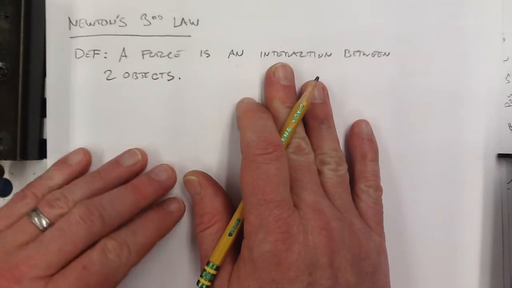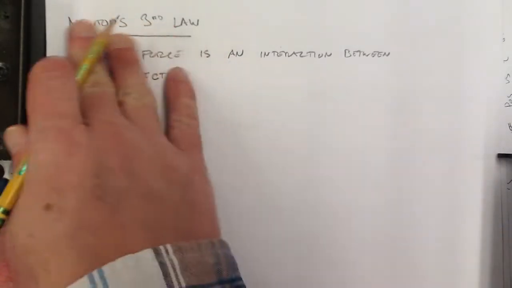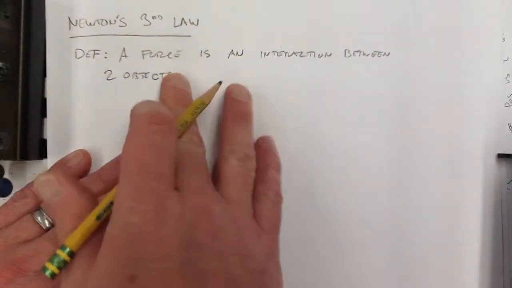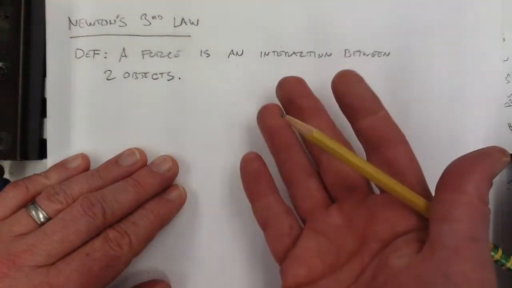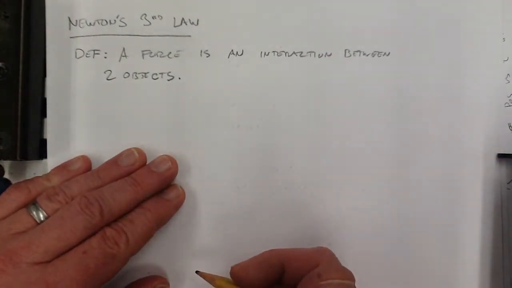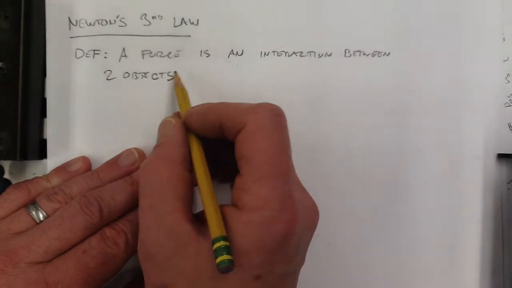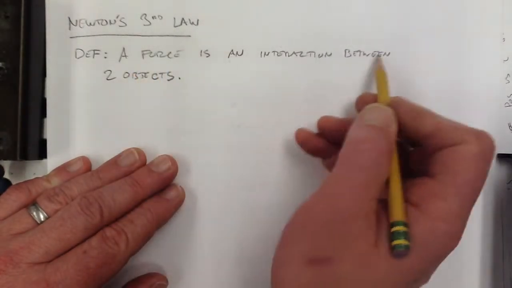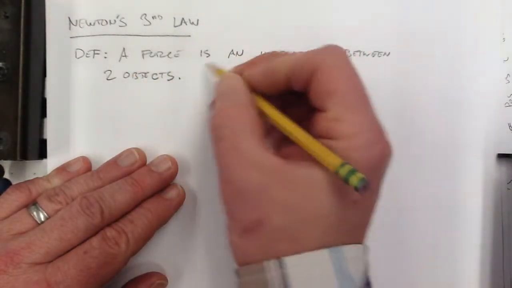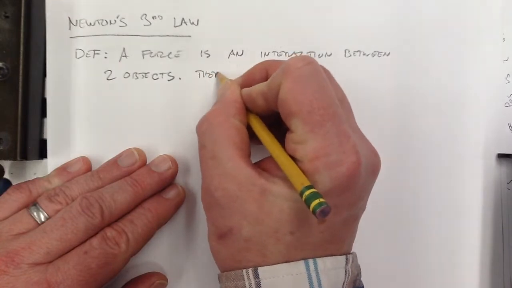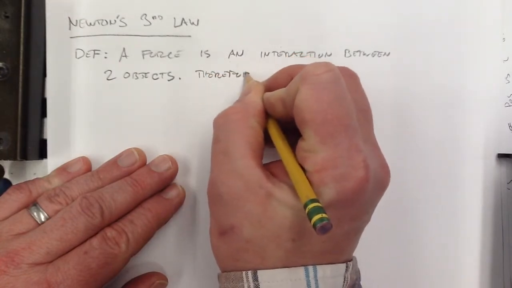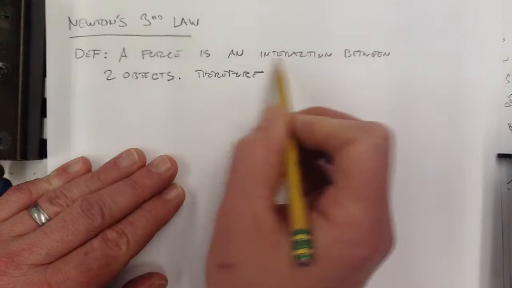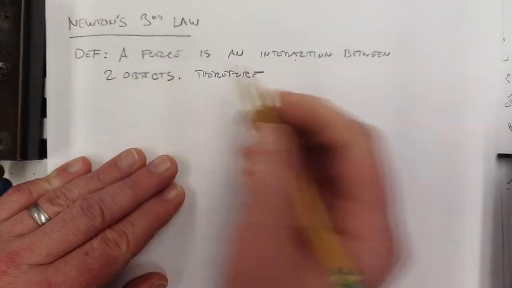All right, so the rest of Newton's third law kind of just comes right out of this definition. It just is a logical extension of this definition of force. If a force is an interaction between two objects, there's only one force, right? The force is the interaction between the two objects.